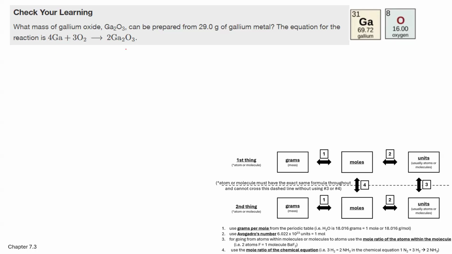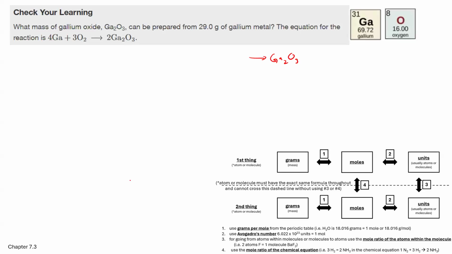All right. What mass of gallium oxide, they're asking. Might be gallium 3 oxide, if that's a thing. I'm not sure if this is a fixed charge ion or not.